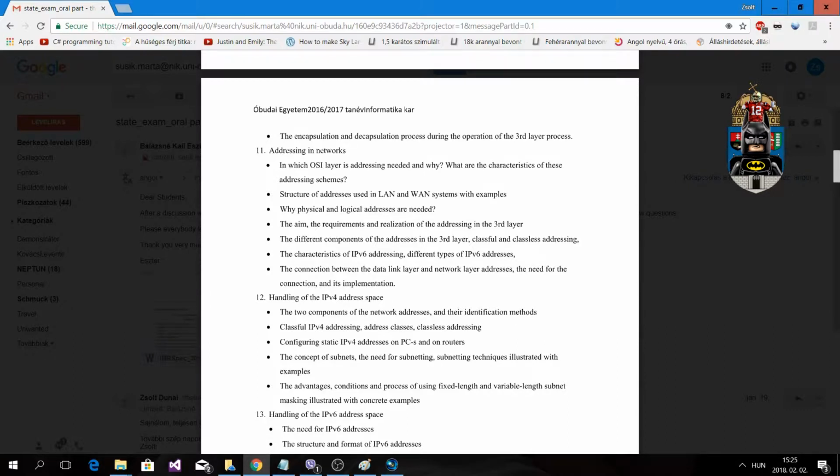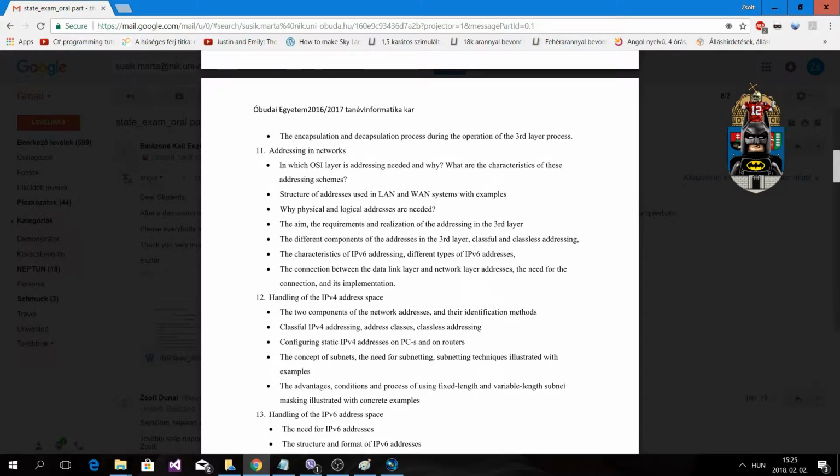Imagine that you are building a new startup company. There are 10 workers, for example. This company would like to get IP addresses in order to use them. And what's going to happen?